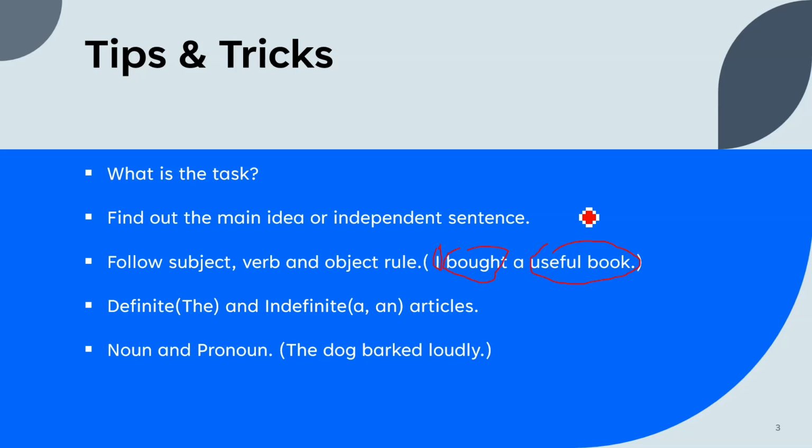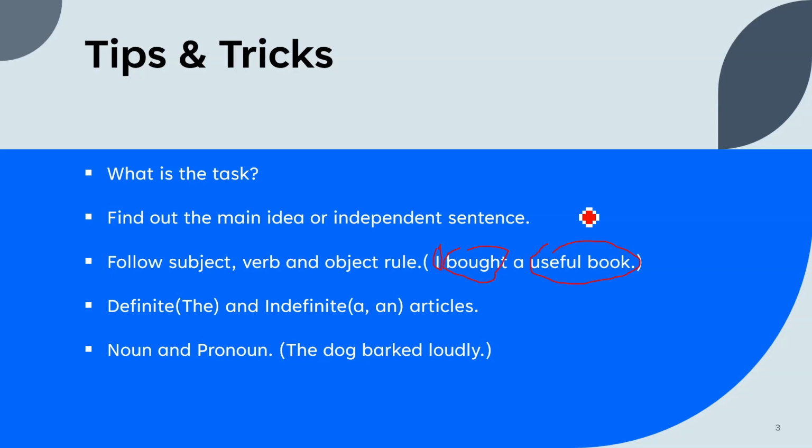Indefinite articles refer to something non-specific and not clearly defined, like a and an, which tell that the noun is not a specific person, place or thing. For example, a girl, an apple, an egg and a car. These are the examples of indefinite articles.